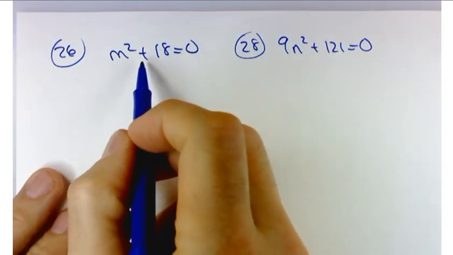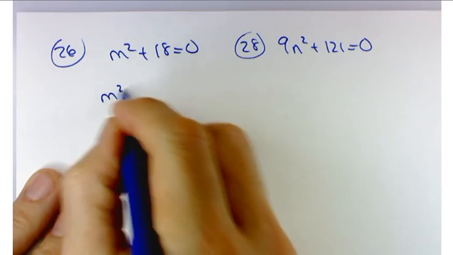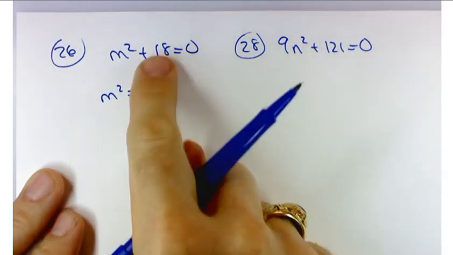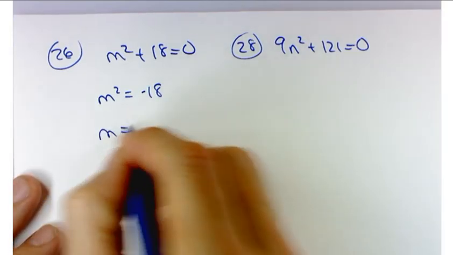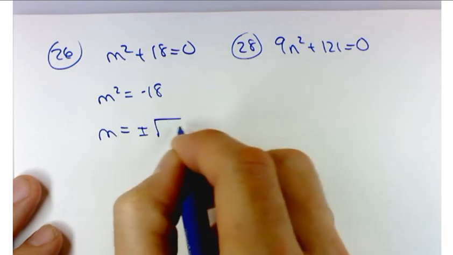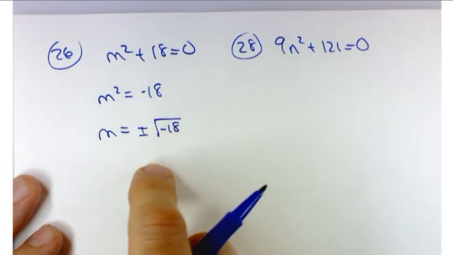So when we move the 18 to the other side, it becomes negative. When a term changes sides, it also changes signs. To finish this one up, I'll take the square root on both sides, and on the right hand side I end up taking plus or minus the square root.